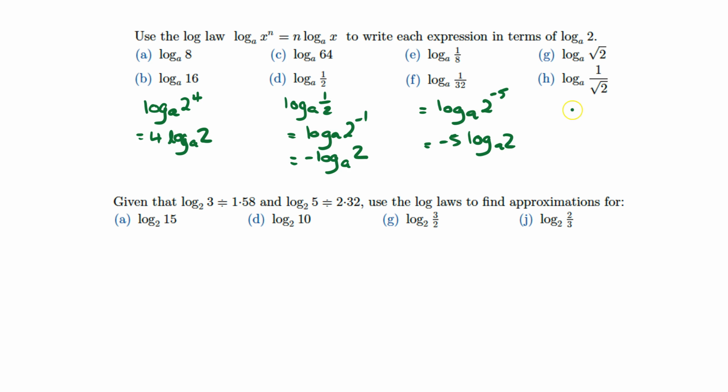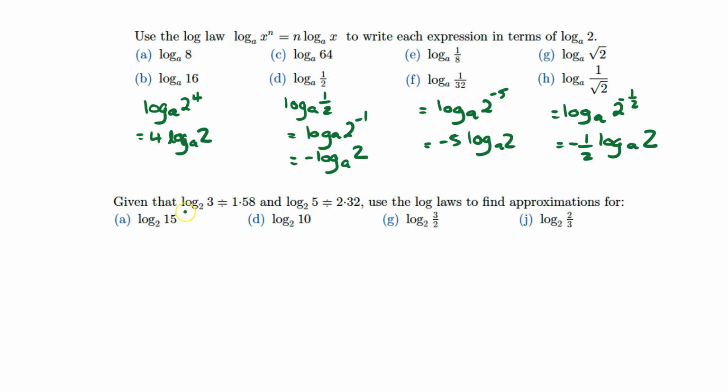And log base A of 1 on root 2 is log base A of 2 raised to the half for the square root and minus a half because it's got 1 over it. So that's equal to minus a half log base A of 2.